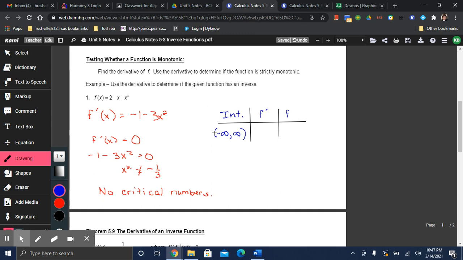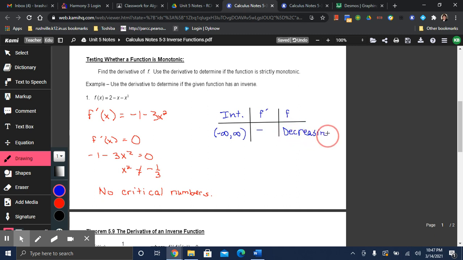So if we plug in any number, such as 0, we get negative 1 minus 3 times 0. So we know that f prime is going to be negative for all the real numbers, and therefore f is always decreasing.